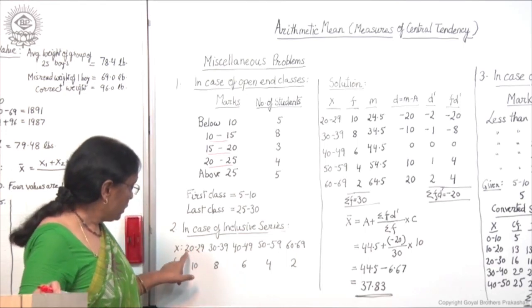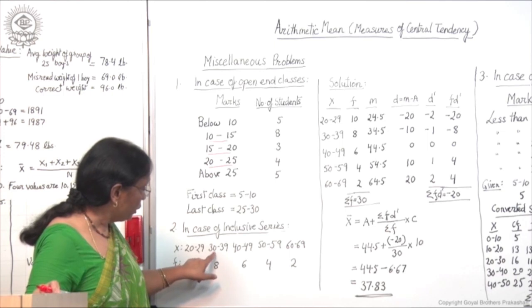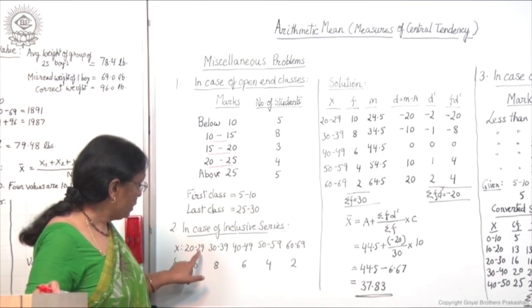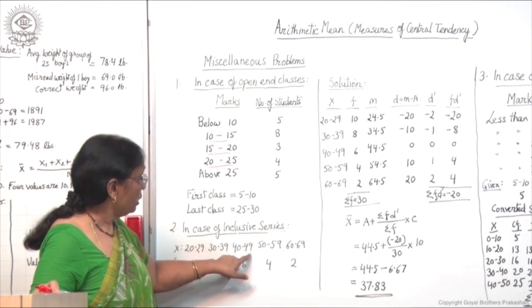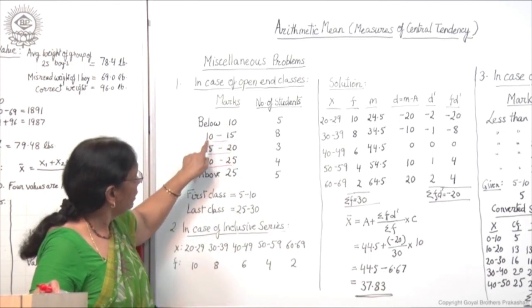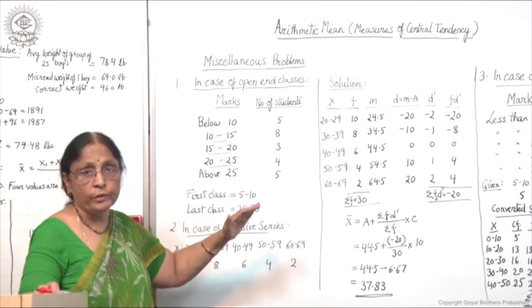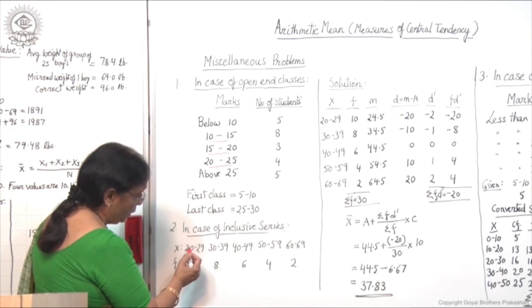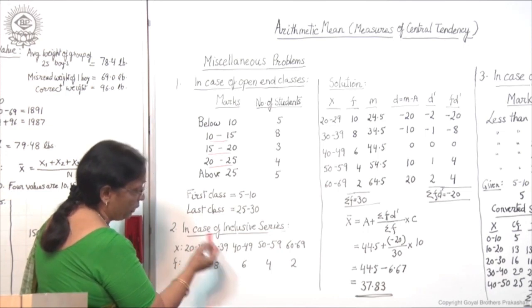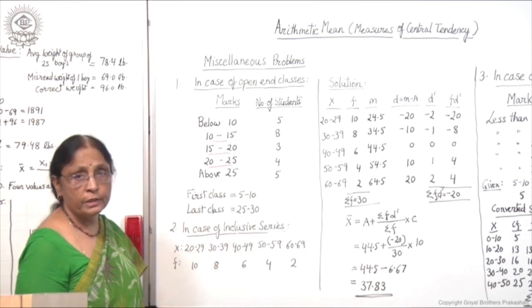Here this is 20 to 29 and the figure 29 to 30 is missing here. Next is 30 to 39, next is 40 to 49. In the earlier case it was 10, then 10 to 15, then 15 to 20, it is continuous. But here you see there is a gap, 20 to 29, here 30 to 39, like this. So this is known as inclusive series.